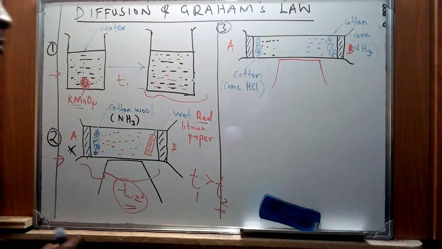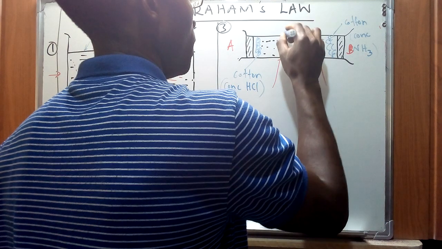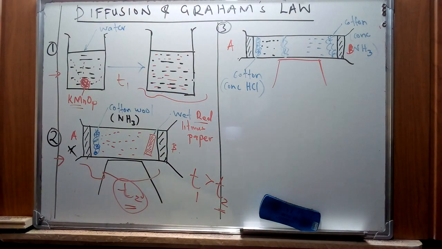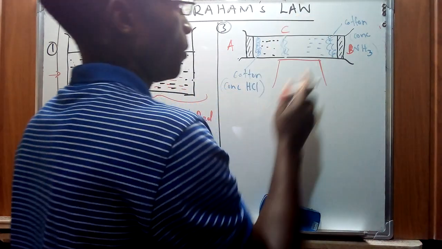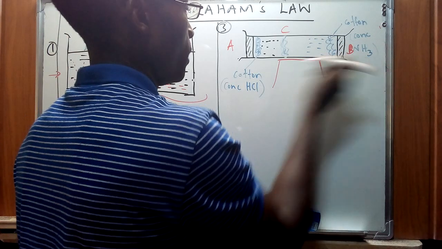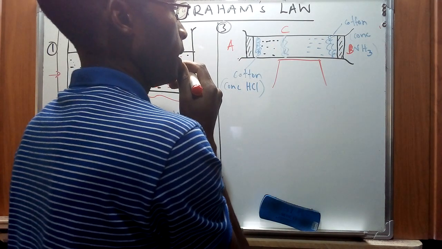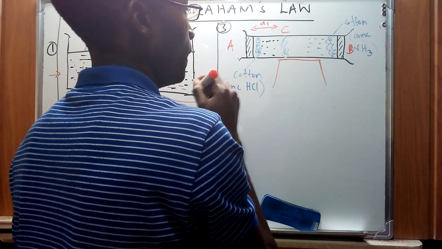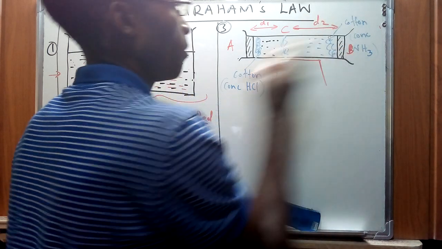From the stoichiometry of chemical equations, we know that if they meet at a particular point, let's refer to that as point C, the particles of ammonia and HCl meet at this point, maybe some distance D1 from A and some distance D2 from B.